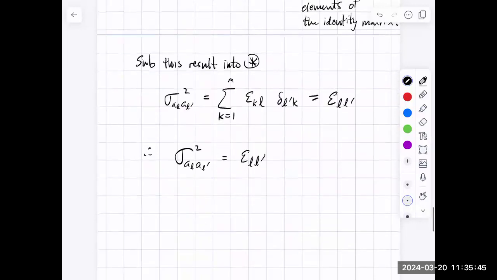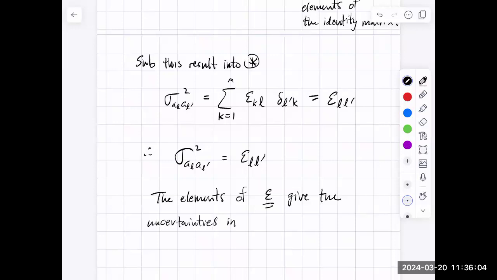So the takeaway is that the elements of the epsilon matrix give the uncertainties in the best fit parameters. And that's the result that we were anticipating.